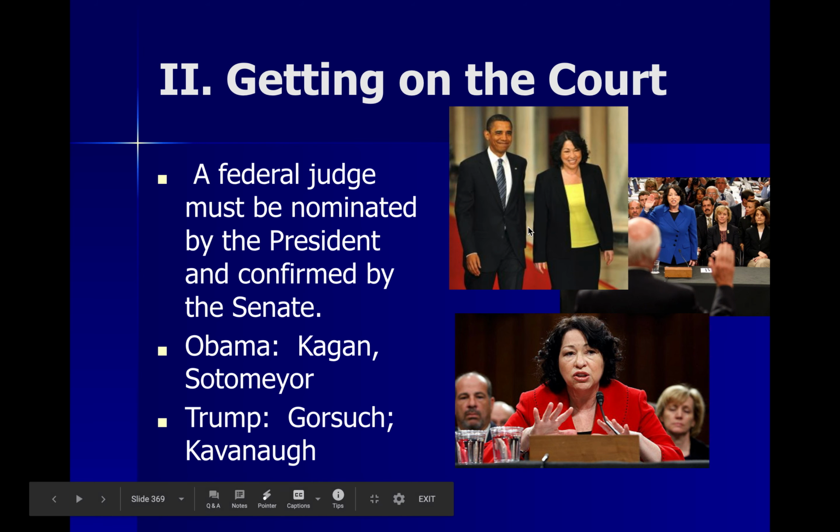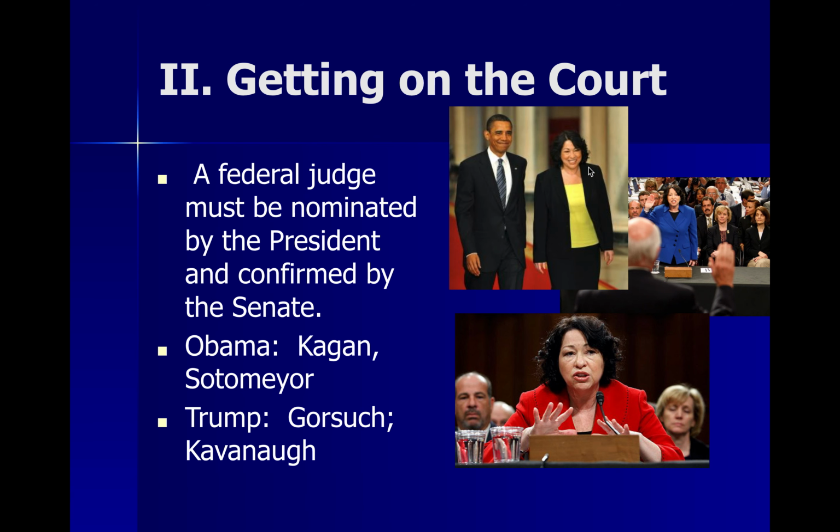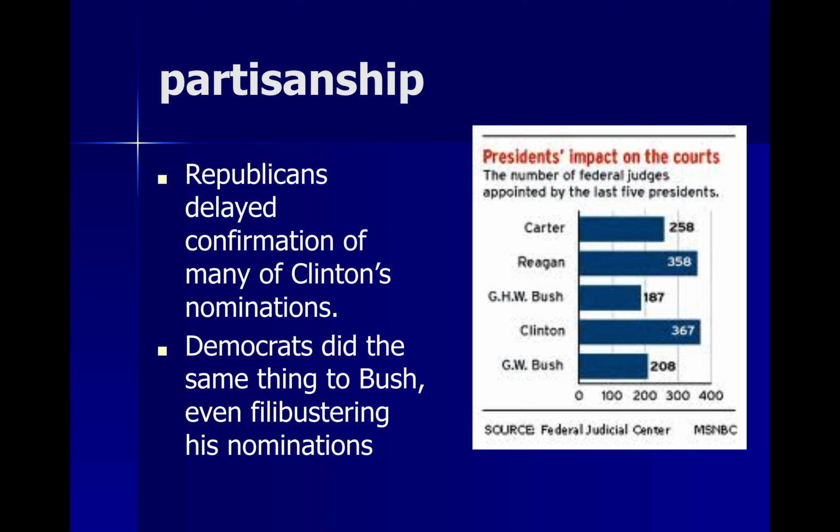Obama nominated Sonia Sotomayor and Elena Kagan. Trump nominated Gorsuch and Kavanaugh, not this last fall, but the fall of 2018. It's become a really, really partisan process.